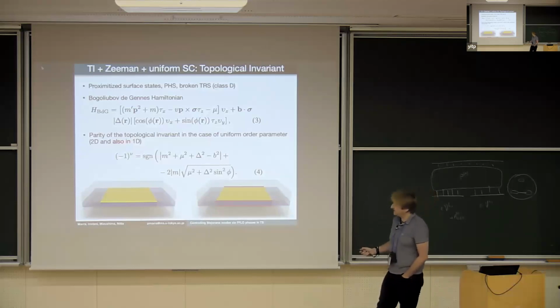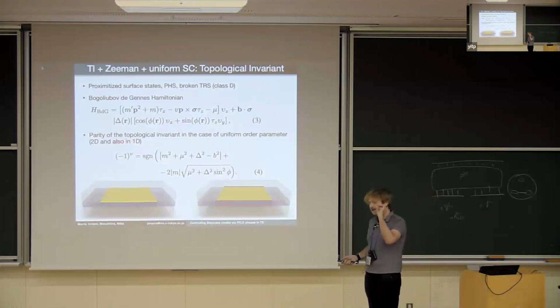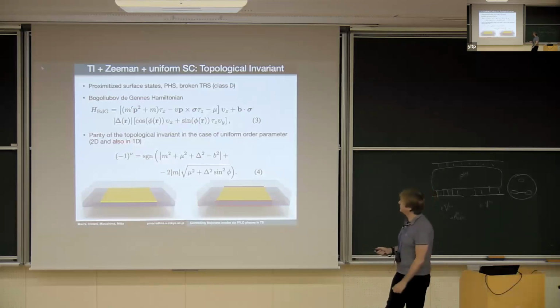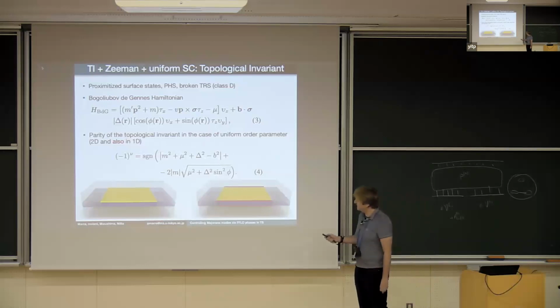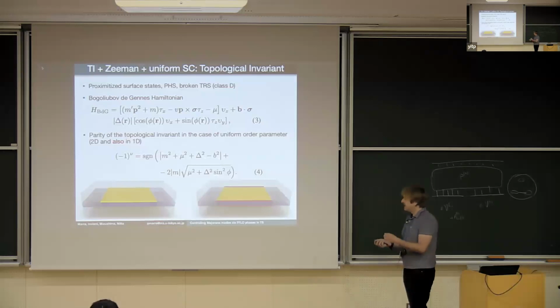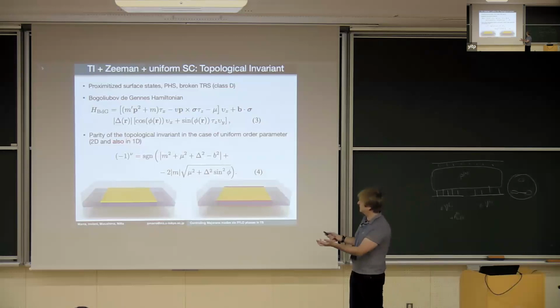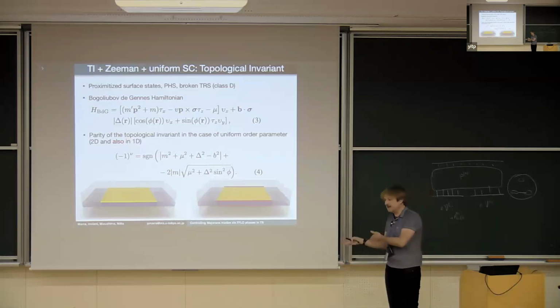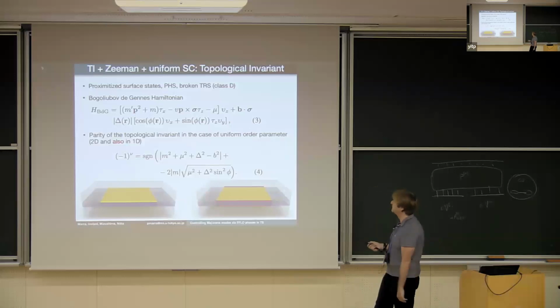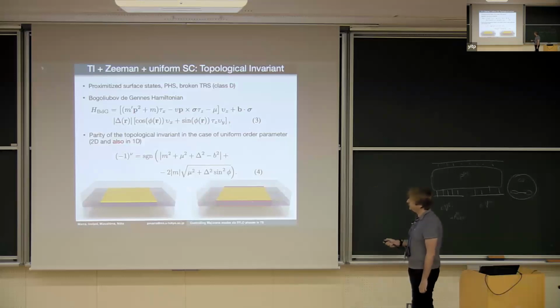The topological invariant is given by the product of the Pfaffians of the Hamiltonians at the high symmetry, time-reversal symmetric points of the Brillouin zone. It depends on the coupling between the two surfaces, the chemical potential, the magnitude of the superconducting order parameter, the magnetic field, and also on this phase phi, which is the phase of the superconducting parameter. So changing either the magnitude of the superconducting parameter or the phase, you can drive your system in and out of the topologically non-trivial phase. This is valid for 2D, but also in 1D, which we will use later.